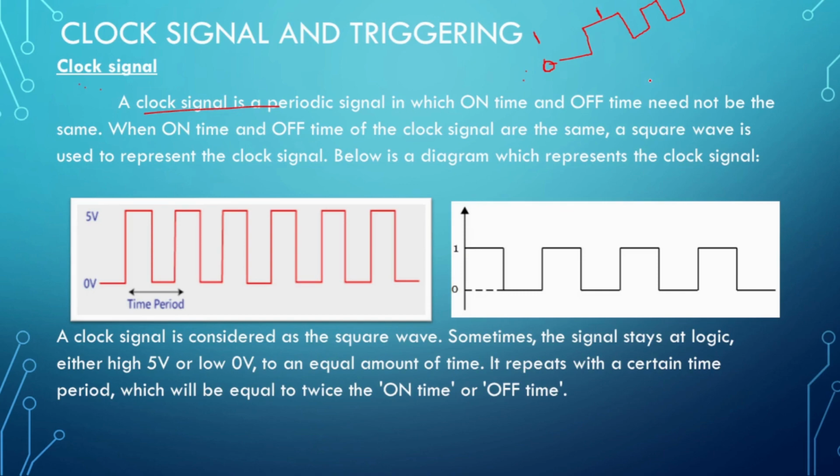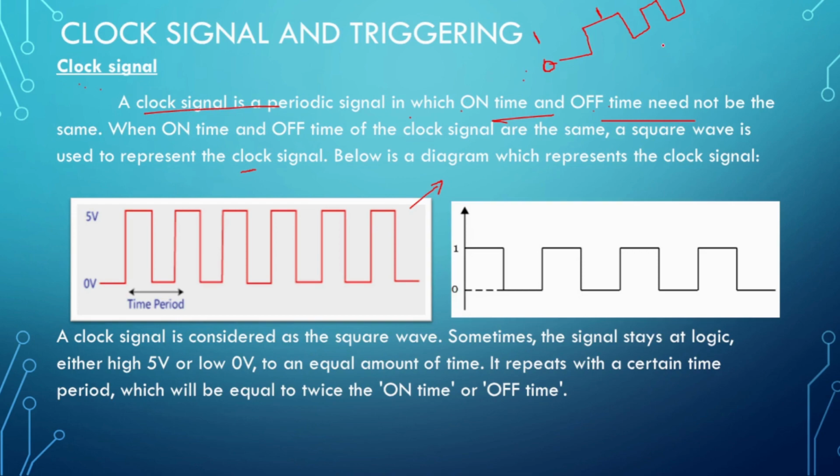If you are going to use the clock signal, the on time and off time need not always be the same. When the on and off times are the same, you are going to get the square wave. If the on time and the off time of the circuit are equal, then your output will be represented as a square wave.